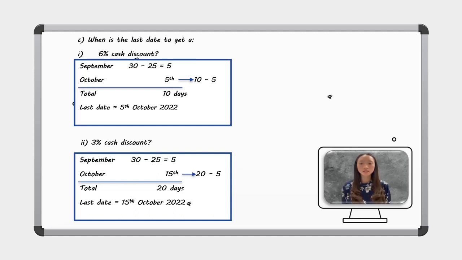So 30 minus 25 equal to 5. And to find the last date to get 3% cash discount is total 20 days minus 5. And the last date to get 3% cash discount is on 15 October 2022.